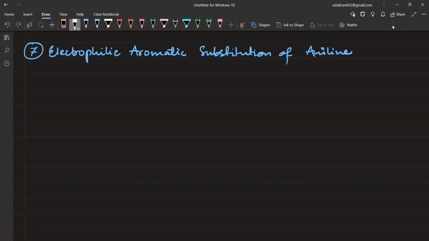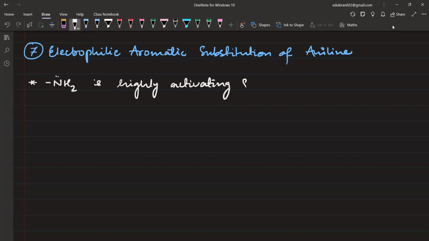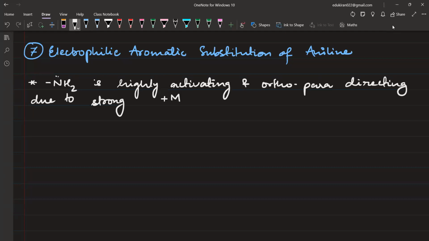Regarding the NH2 group that aniline has, we will write: NH2 group is highly activating and ortho para directing due to strong plus M effect. Okay.